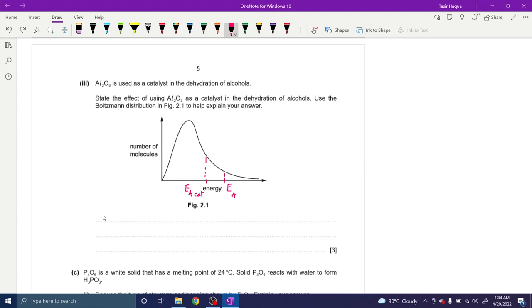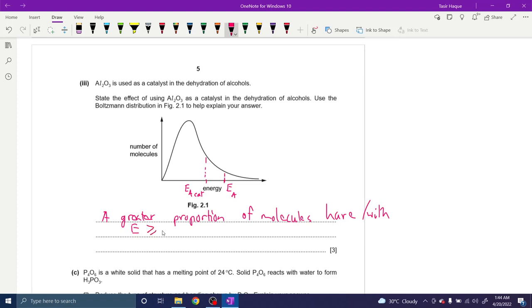It's always better to write it down though, right? Remember that. The next point is a greater proportion, that's the best wording. A greater proportion, or you can say more molecules, right? A greater proportion of molecules have energy, or with energy, greater than or equal to activation energy. So this is the key point, okay?